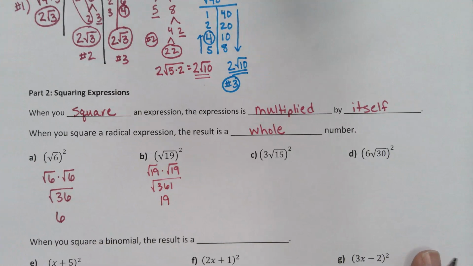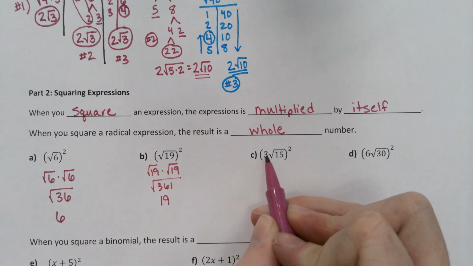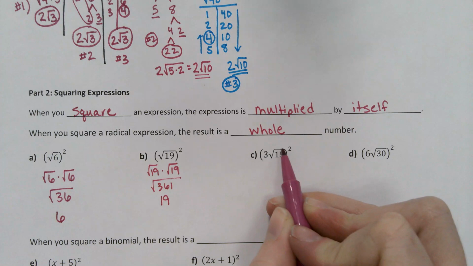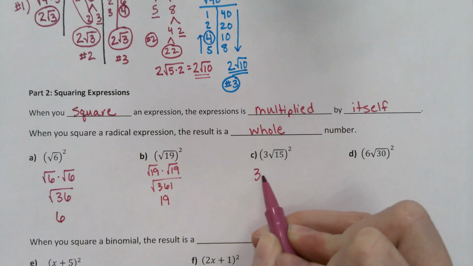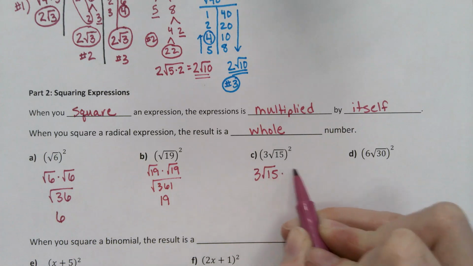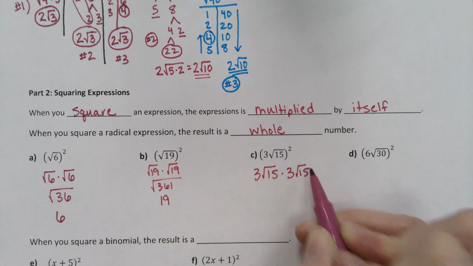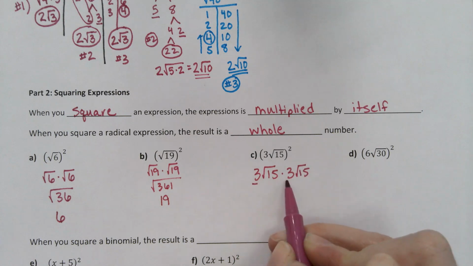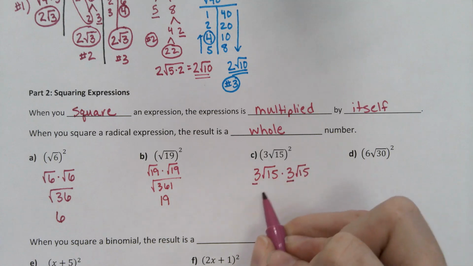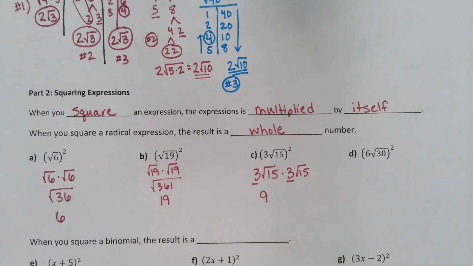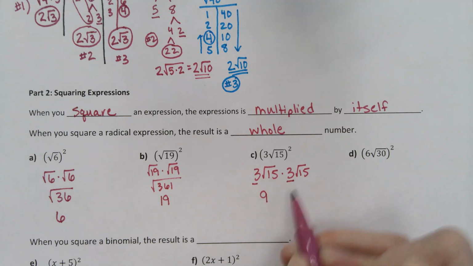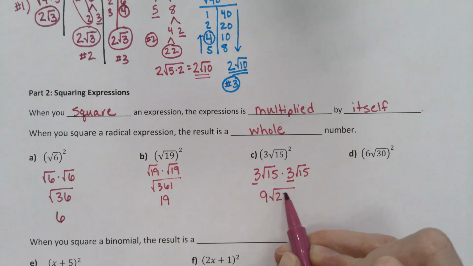All right, C and D are a little bit different because there's a coefficient. That coefficient is inside the parentheses though, so that means it's part of the squaring process. What's going to happen is those coefficients get multiplied together to give you 3 squared, and then these roots get multiplied together to give you a larger root.